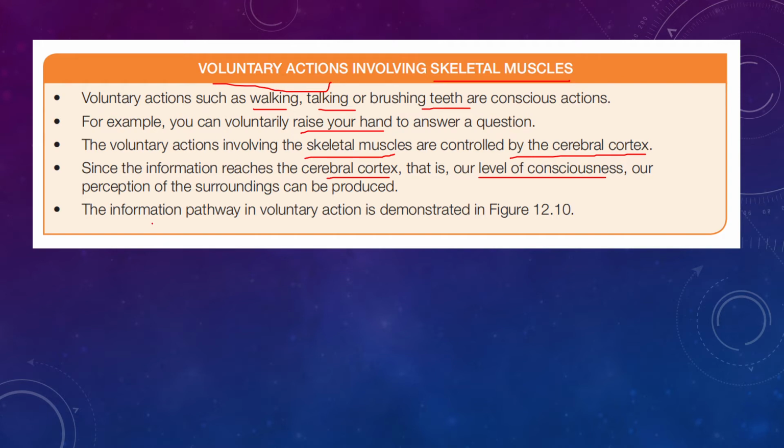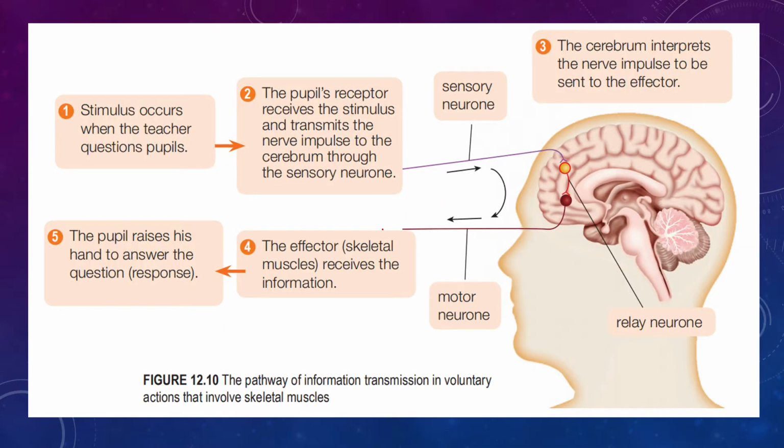So let's look at the information pathway in voluntary actions as demonstrated in this figure 12.10. First, we have the stimulus, that means the changes in the surrounding, that is going to result in the response. The stimulus occurs when the teacher questions the pupils.